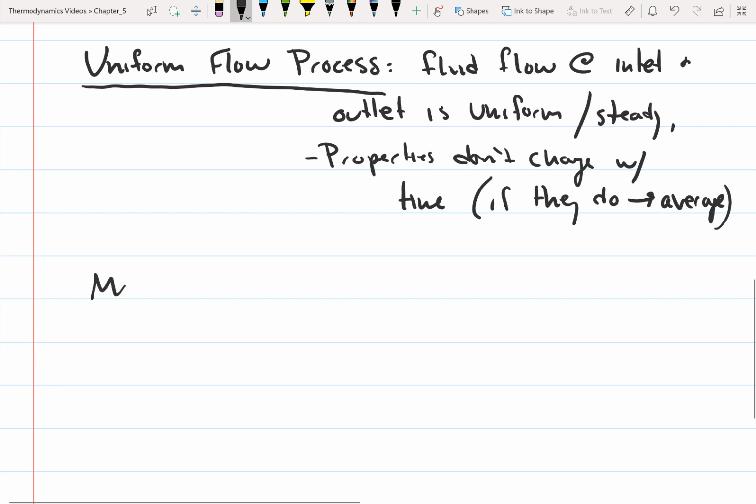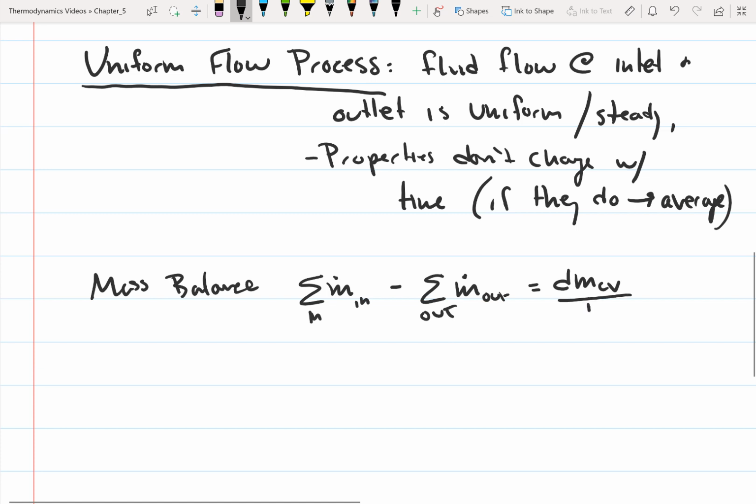The mass balance is simply the sum of the mass flow rates in, this is assuming we have multiple inlets, minus the sum of all of the mass flow out, and this is equal to the change in the mass in the control volume with time.